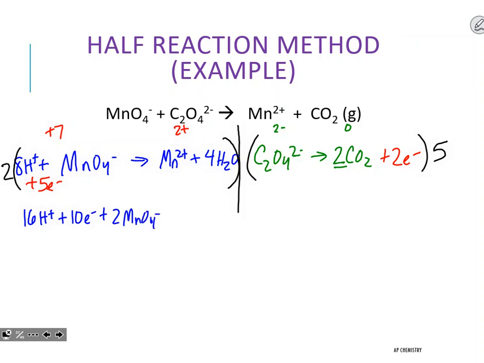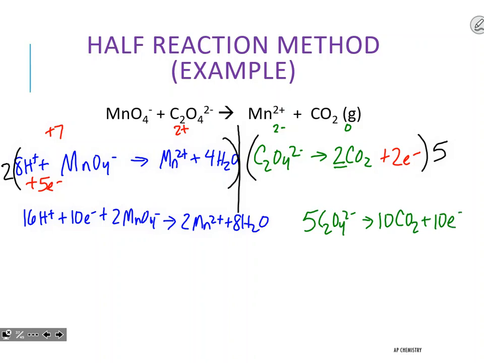It's 2 permanganates going to 2 Mn2+ and 8 waters. Alright, now on this side we have 5 oxalates going to 10 carbon dioxides plus 10 electrons. Then you merge them. Cancel out the electrons, then merge.